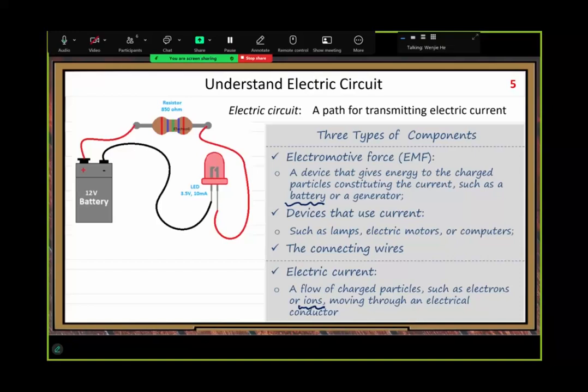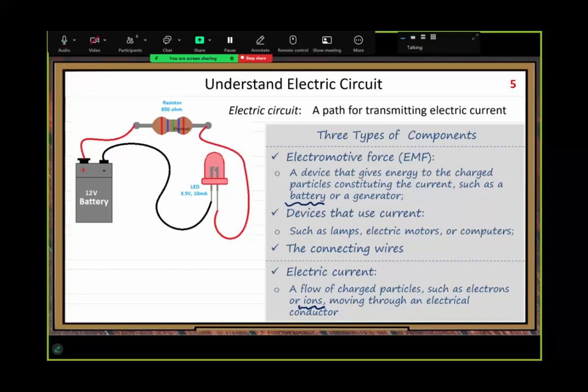So think about one atom. Under the normal condition, there is no charge, right? But under some special situation, that atom may lose an electron. One electron gone.